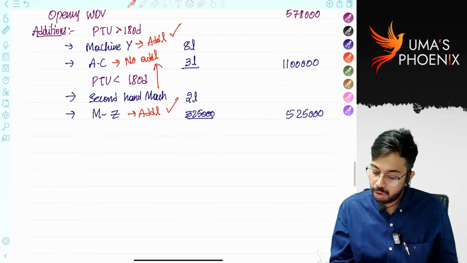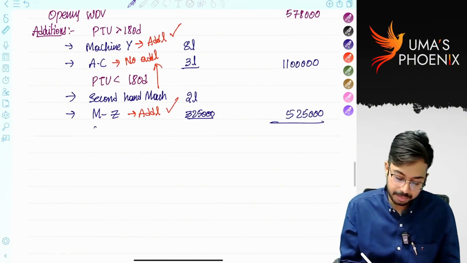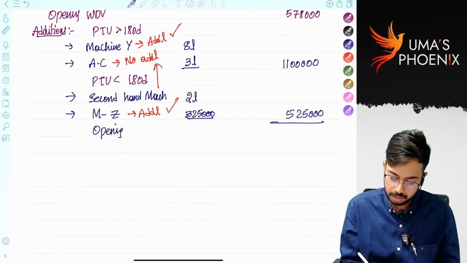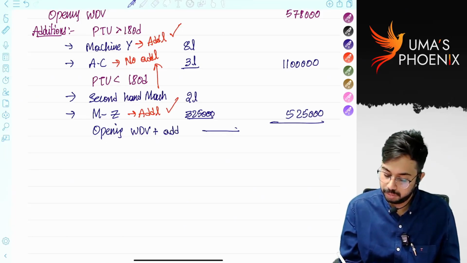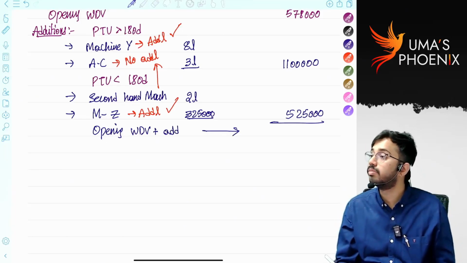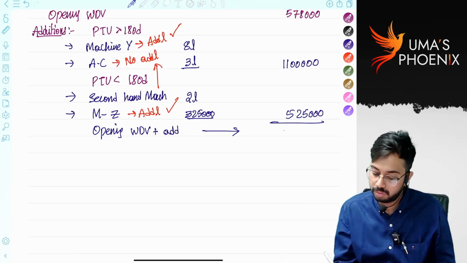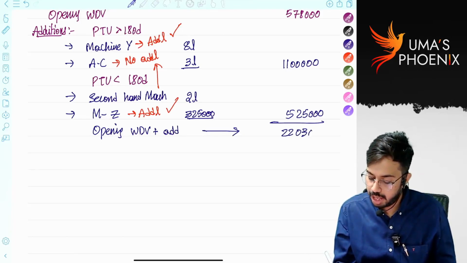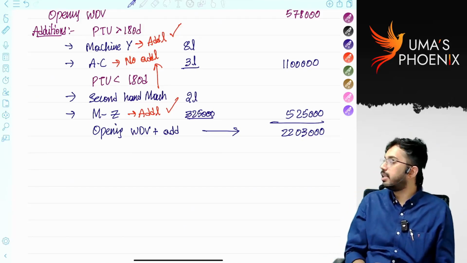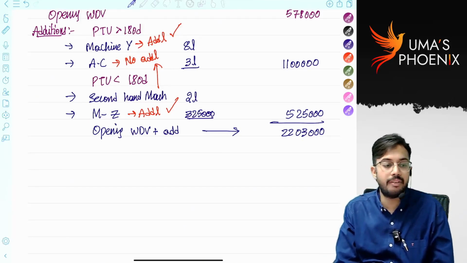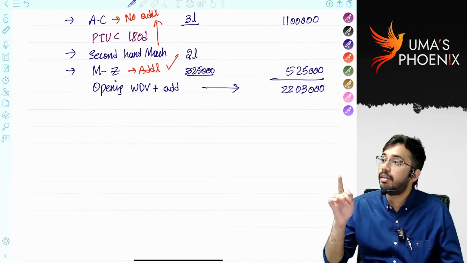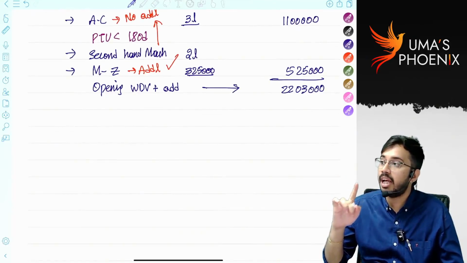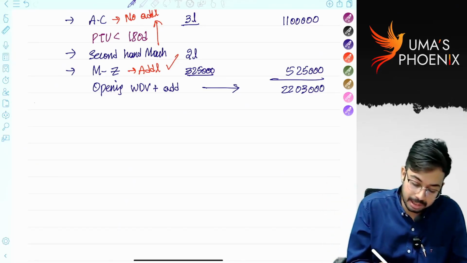Now, how much are opening written down value plus additions? 22 lakh 3,000. Is everyone getting the same answer? Yes, sir. Everybody? Now, I said we need to reduce sale value of assets sold.